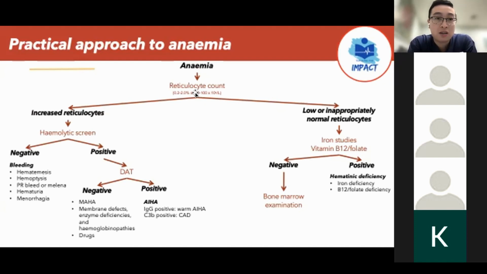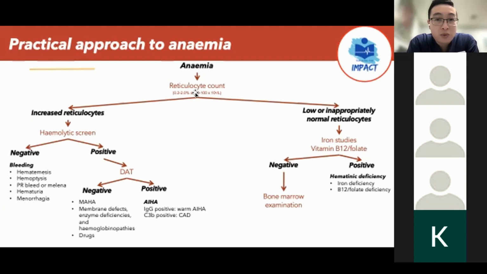It will push out lots and lots of reticulocytes that hopefully will mature to give more erythrocytes. So if your bone marrow is healthy and you're anemic, you would expect the reticulocyte count to increase, so above 100.